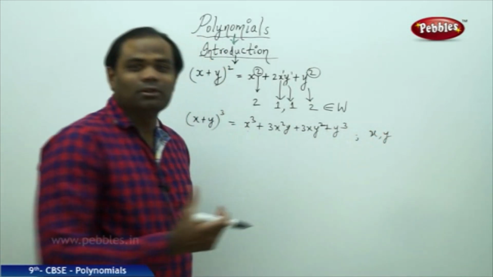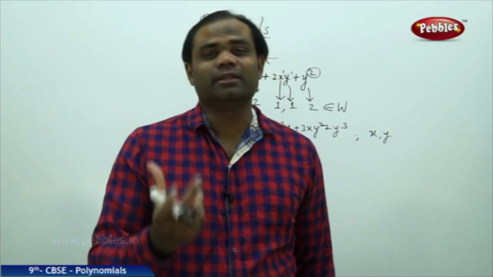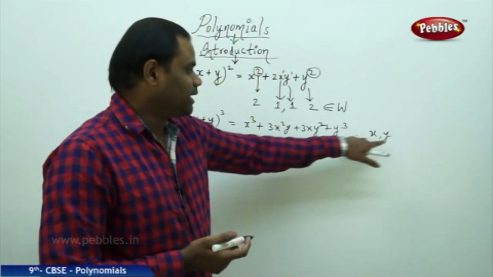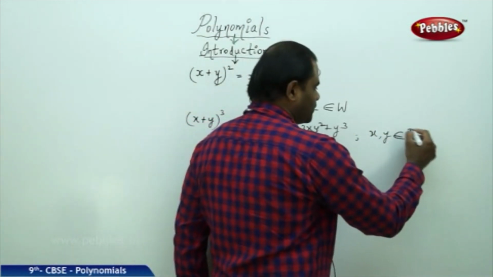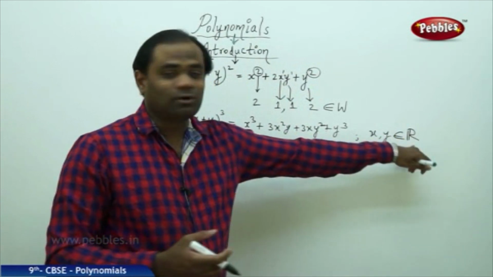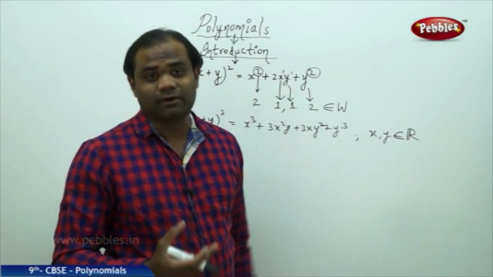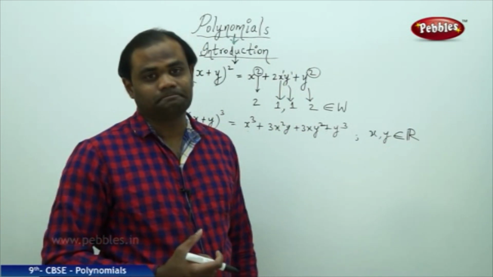The variables of the polynomial are the unknown constants which accept any real number. So x and y are just representations of the real numbers in the real number system. So any polynomial can accept all real numbers, is how we define the variables x and y, or only x, for the polynomial.